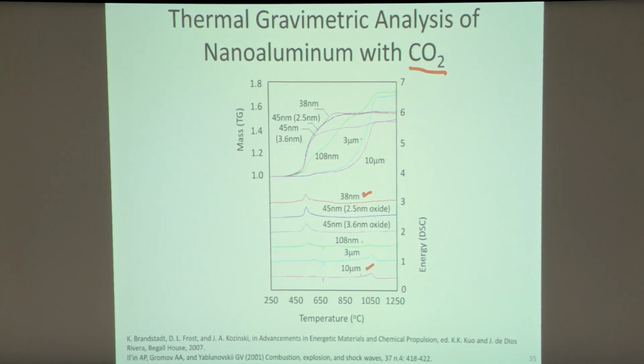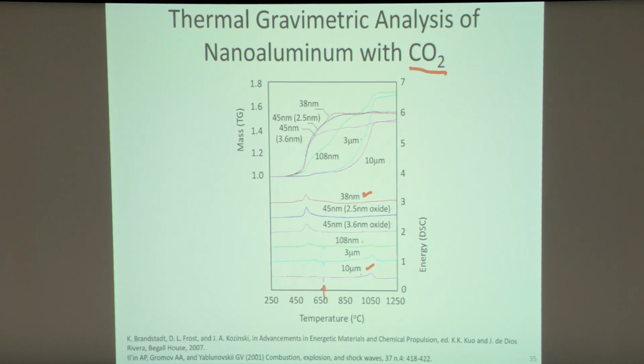Note that the melting temperature of the aluminum is right here. So you can see the energy went negative, requiring energy. So this is the melting temperature. For the very small particles, at about 500 or so, I'm getting heat release. So that says there's actually a solid state reaction.